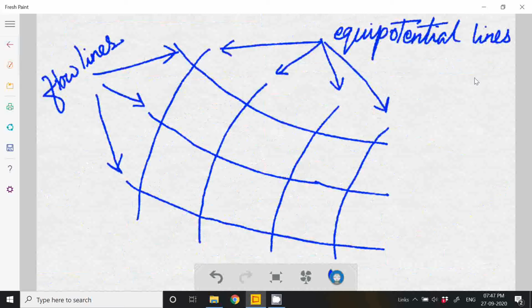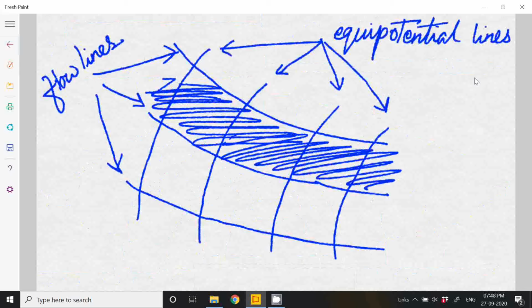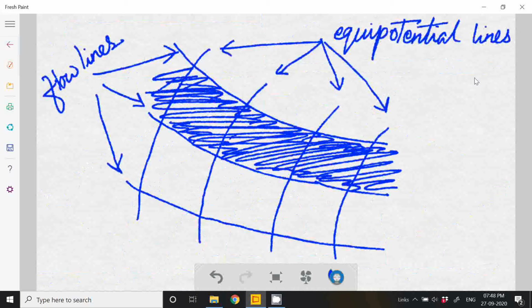The flow path or flow channel will be between any two flow lines. This one is one flow path, between any two flow lines.